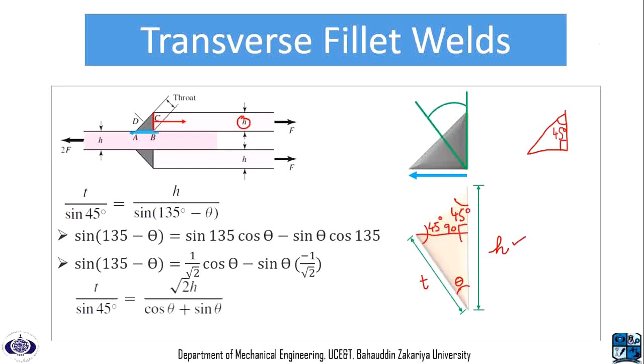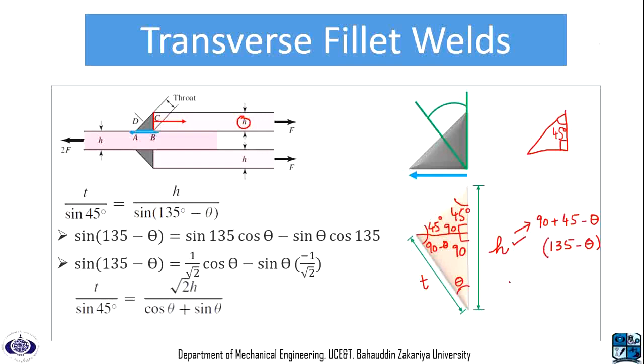Similarly, this side will also be equal to 90 degrees, and this side would be 90 minus theta. So the angle opposite to H will be equal to 90 plus 45 minus theta, which is 135 minus theta.